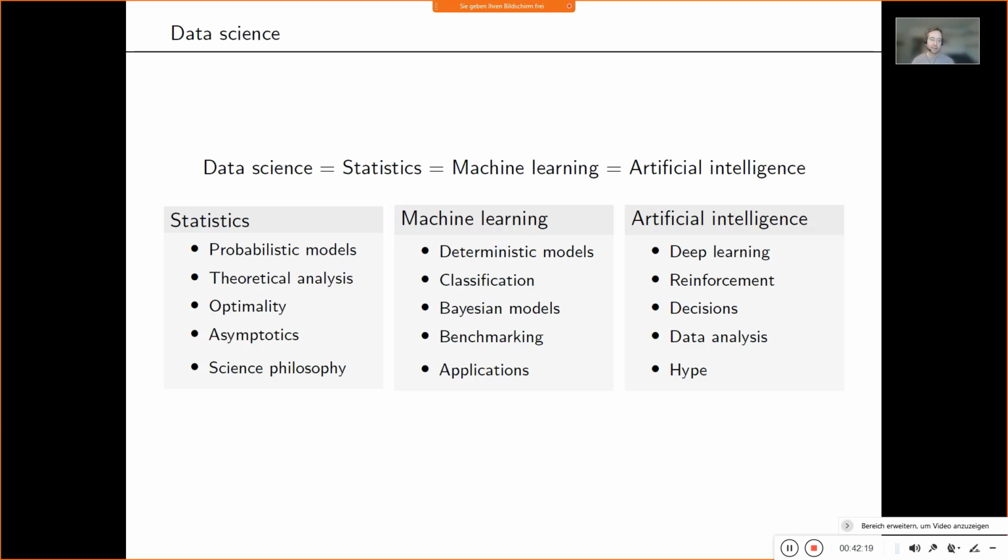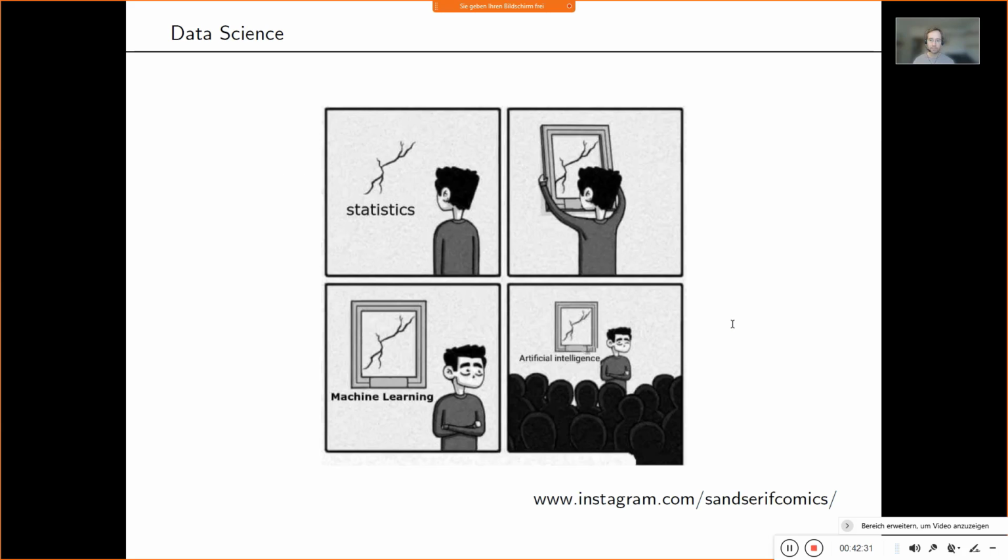So AI is kind of a hype, but I think there are some topics in AI that, at least from my perspective as a computational cognitive neuroscientist, are also interesting, and they are also interesting for data science. Now here are two cartoons, which give you my emotional approach to this statistics, machine learning, AI trials.